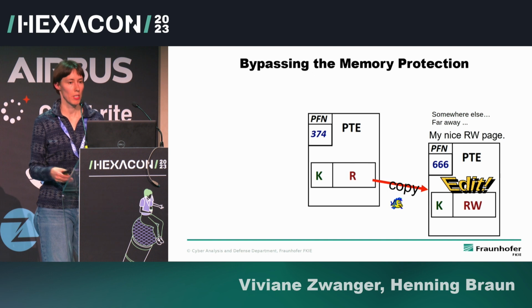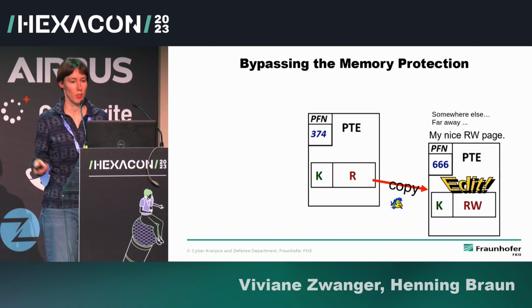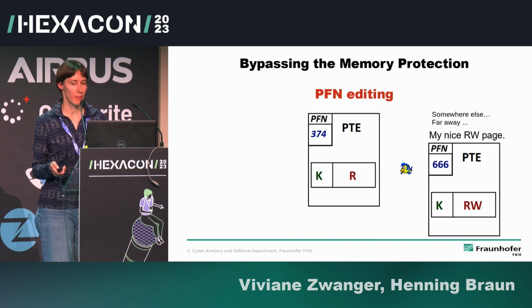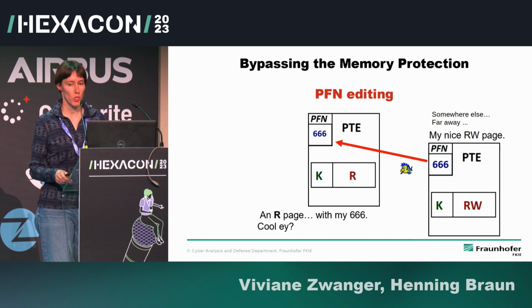It's just a working copy, so nothing is bad about that. And then we do the evil thing: we take the page frame number from our read-write page, and, you guessed it, we put it on the security critical page. And that's it, because now this security critical kernel mode read-only page points to our modified page, and nobody cares about that.